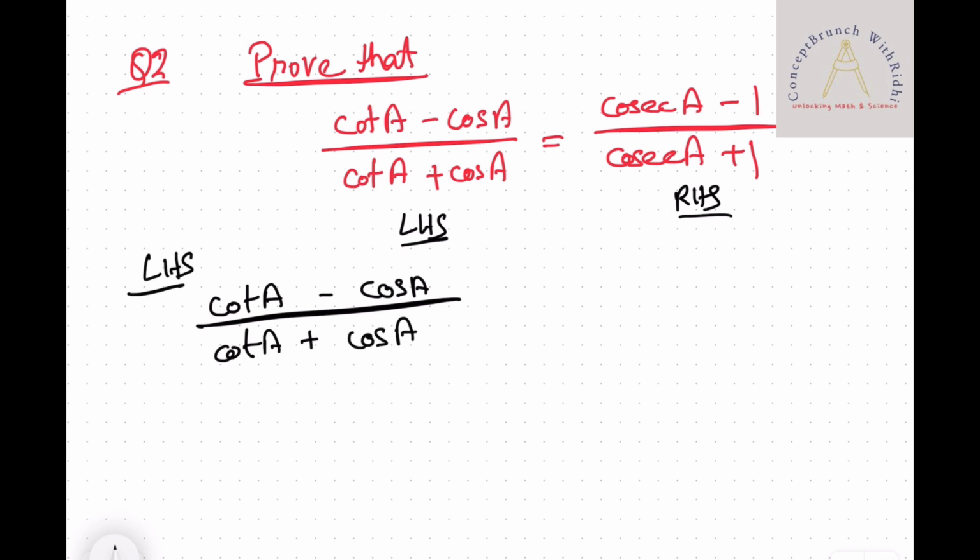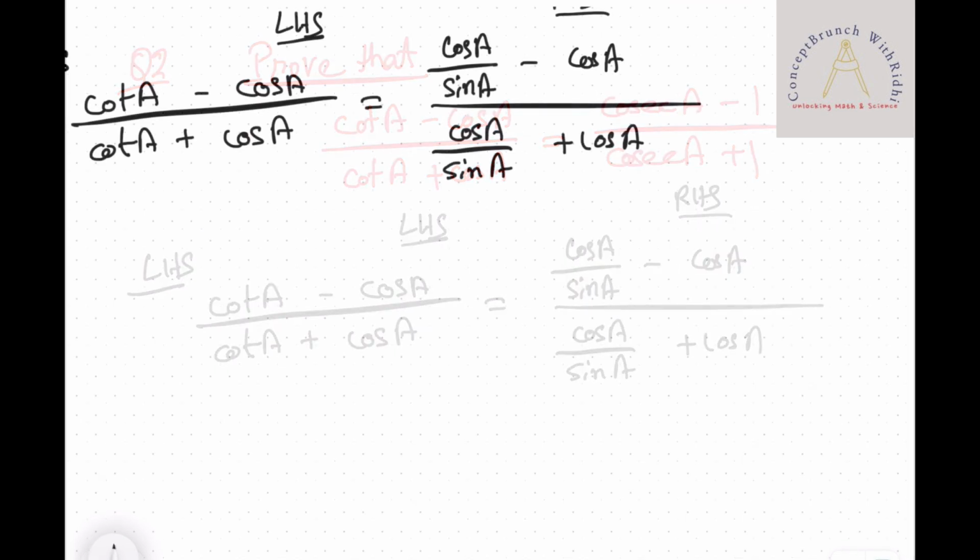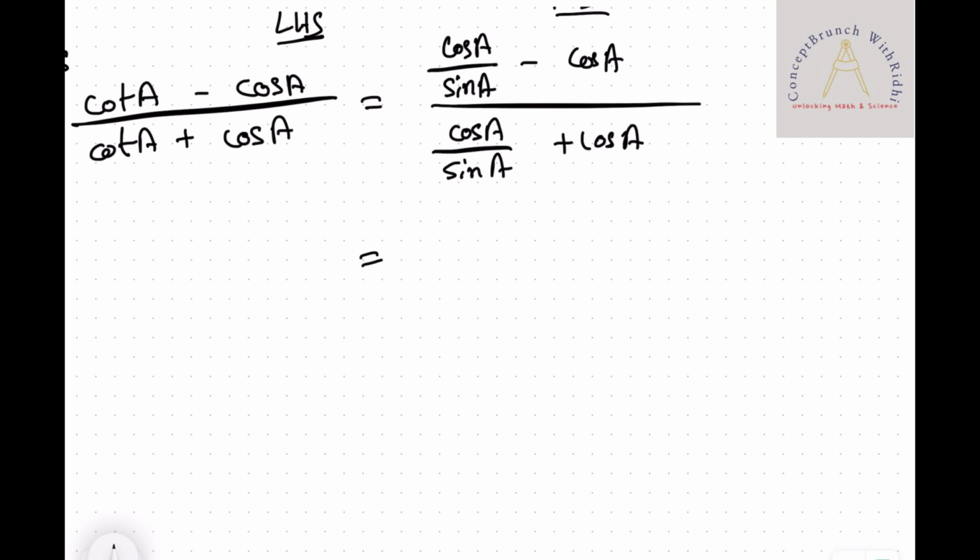What I'm going to do is convert everything into sine and cos. So cot A, what can we write? We can write cos A divided by sine A minus cos A. Cot A again we can write as cos A divided by sine A plus cos A. Here we can take cos A as common.